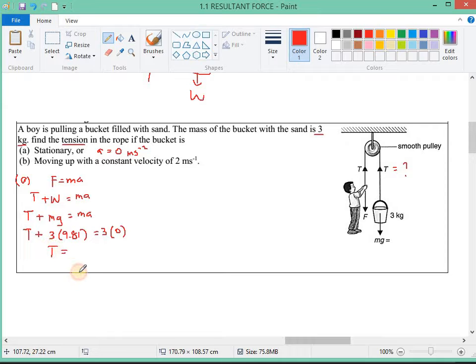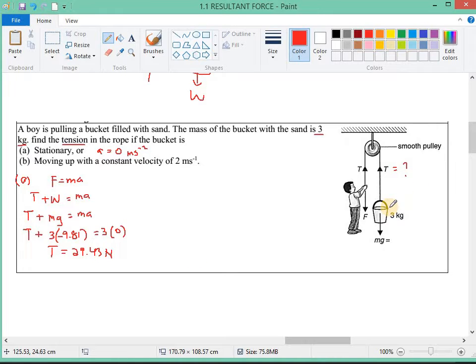So tension will be equal to, see, I made a mistake here. I should put this as negative, because gravitational acceleration is downwards, so I should put negative 9.81. So what I get is 29.43 Newton.